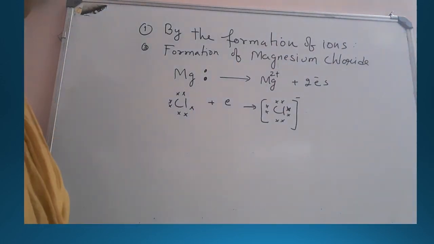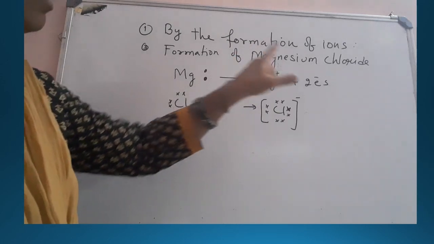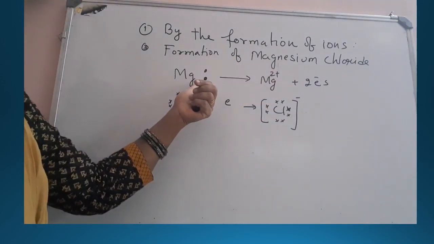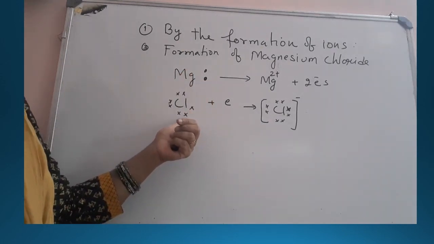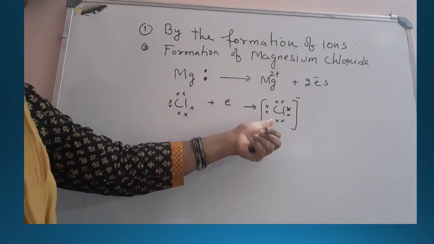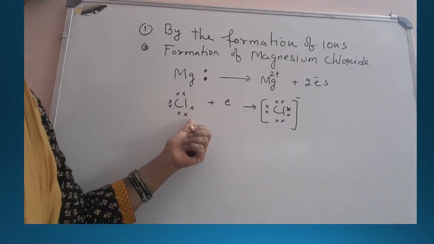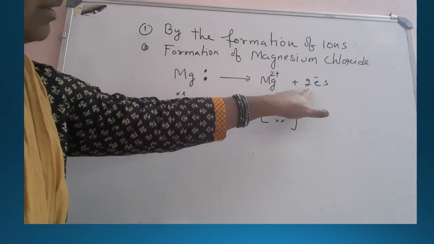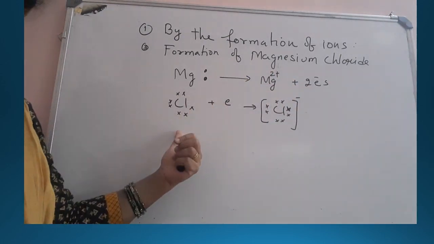Now children, keep in your mind, for the formation of an ionic compound by the formation of ions, or the second method through the transfer of electrons, the 2 electrons lost by the metal atom must be gained by the non-metal atom to form the anion. One chlorine atom can gain how many electrons? Yes, only 1 electron. Out of 2 electrons, chlorine can gain only 1.